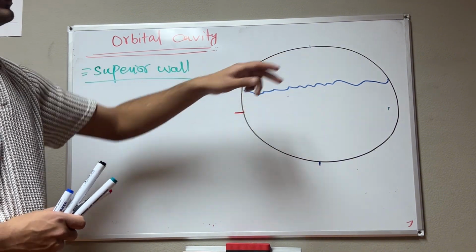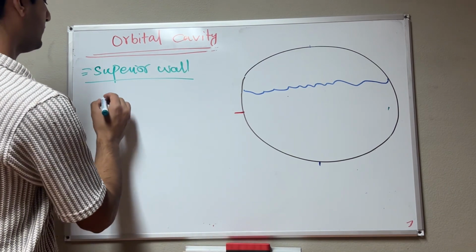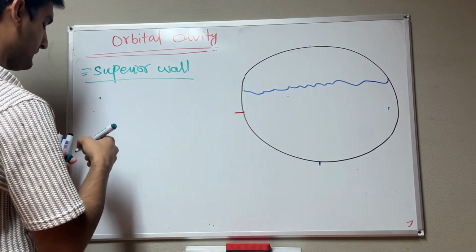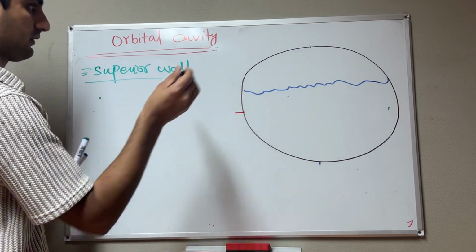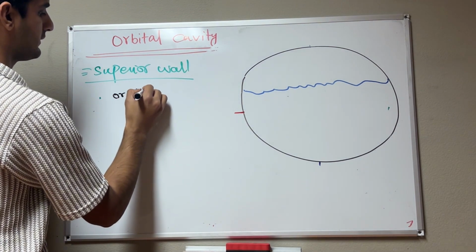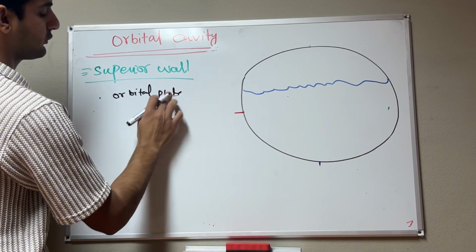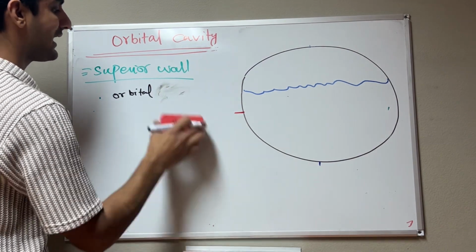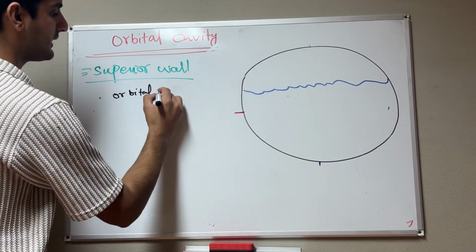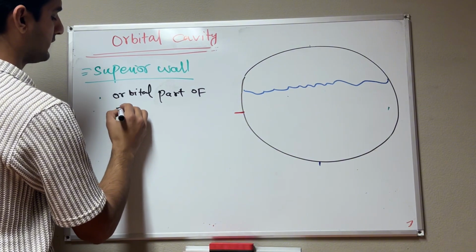We know this one because we already discussed it in the frontal bone. We will see which formation we have here: the orbital plate, the orbital part of the frontal bone.